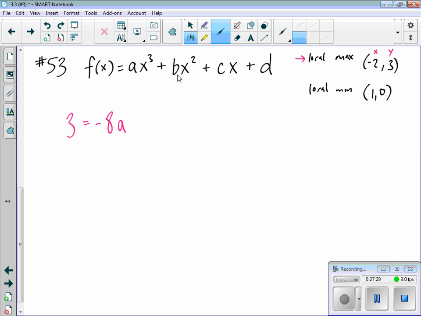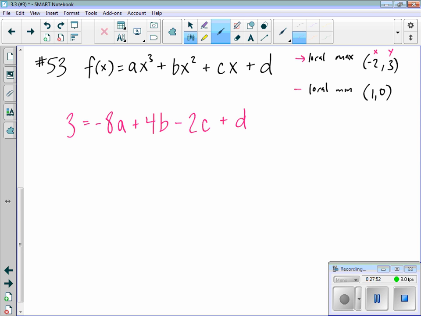Okay, then we have our bx squared. Our x squared is going to be +4, and then we got our b with that. The c is going to turn into a -2c. And then plus d, right? There's nothing getting plugged in there. Doesn't seem like we're getting anywhere yet, but we'll get there.